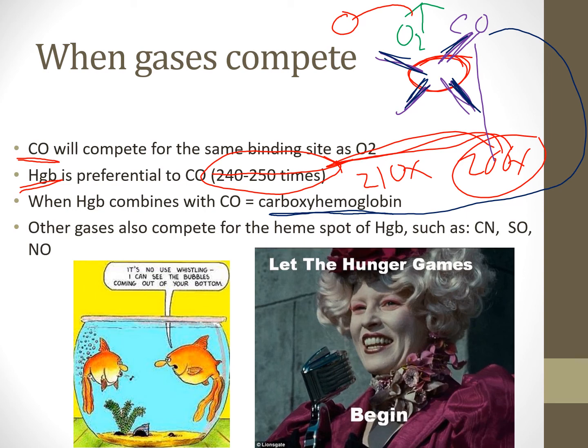Hopefully you won't have personal experience with this, but let's say you work at a hospital and you have patients that were exposed to tear gas. That is something that can compete for their site. So that's just one example of a gas that can also compete for hemoglobin. I'm not going to ask you too much about that, but just understand there are gases that also compete for the parking spaces of the hemoglobin, right?